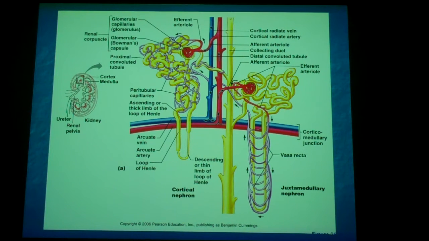When it drips out the end of a renal papilla, that's equivalent to what's in the bladder. But on the way down here, these collecting ducts have the ability to absorb water, and they have the ability to secrete or reabsorb certain electrolytes like bicarbonate and hydrogen ions and so forth, as we shall see.